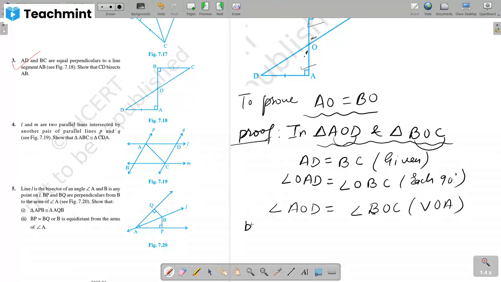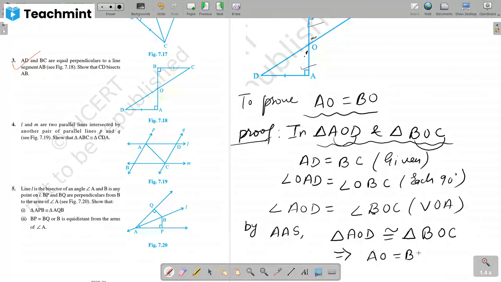So we will write by AAS congruency criteria, triangle AOD is congruent to triangle BOC. Now, if the triangles are congruent, then by CPCT the corresponding parts are equal. So we can write by CPCT, AO equals BO, which means CD bisects AB. So this completes the solution.